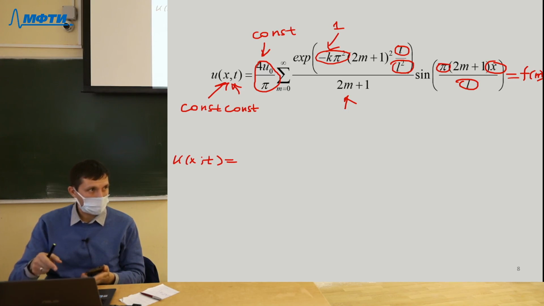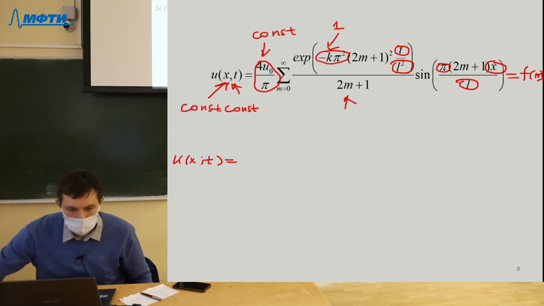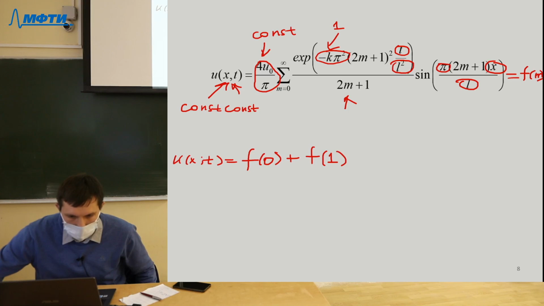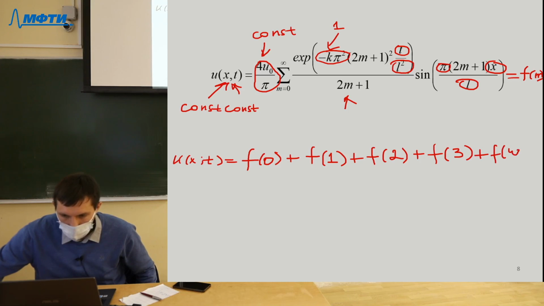It will be f of 0 plus f of 1 plus f of 2 plus f of 3 plus f of 4, and so on.